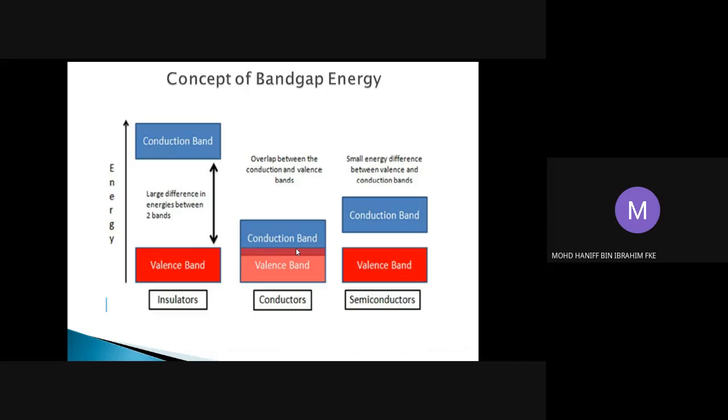Whereas for the semiconductors, there is a very small energy gap between the conduction band and the valence band, and when the electron is excited by a certain amount of energy, it can move from the valence band to the conduction band. So these are the differences between the energy diagrams of insulators, conductors, and semiconductors.